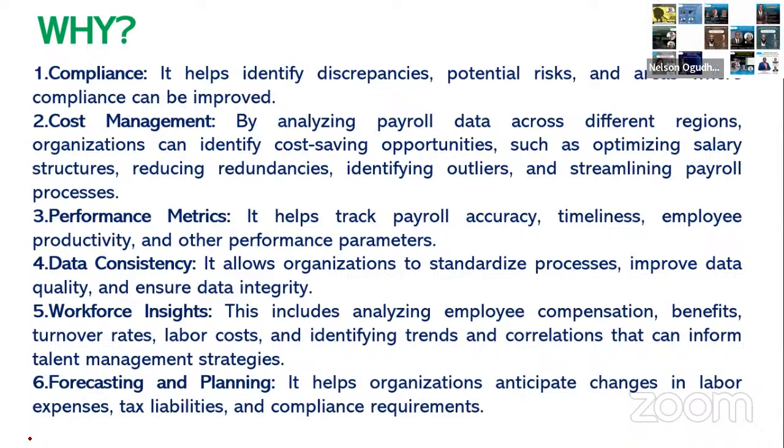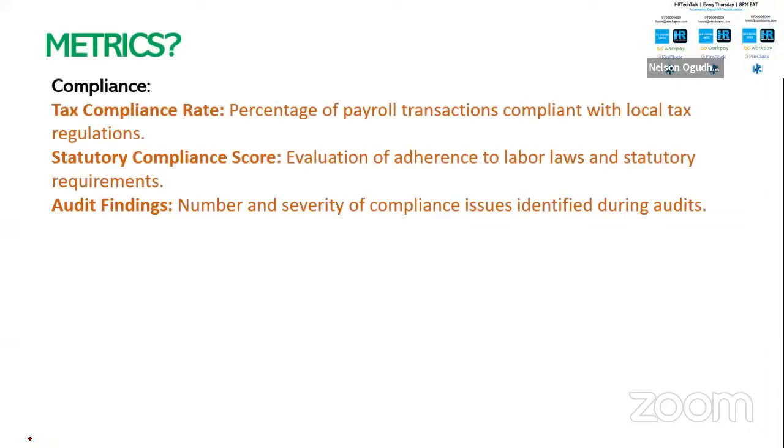So my favorite segment is where we look at a few metrics. Under compliance, what can you measure and what are you looking for? We look at the tax compliance rate. This is the percentage of payroll transactions compliant with local tax regulations. So if you're doing tax calculations, you want to see how many of them in your first run were actually correct. It will help you to work with your service provider.